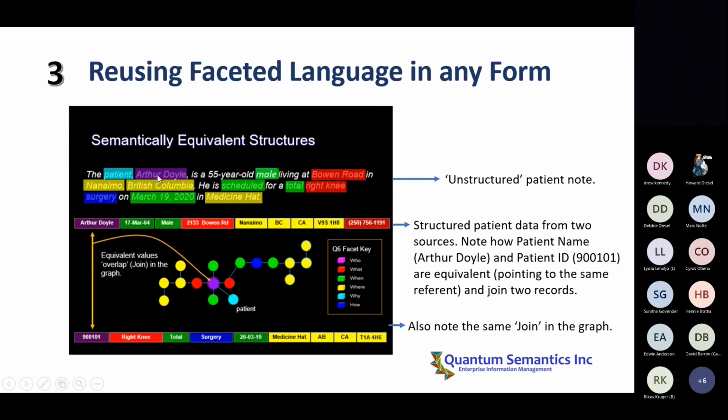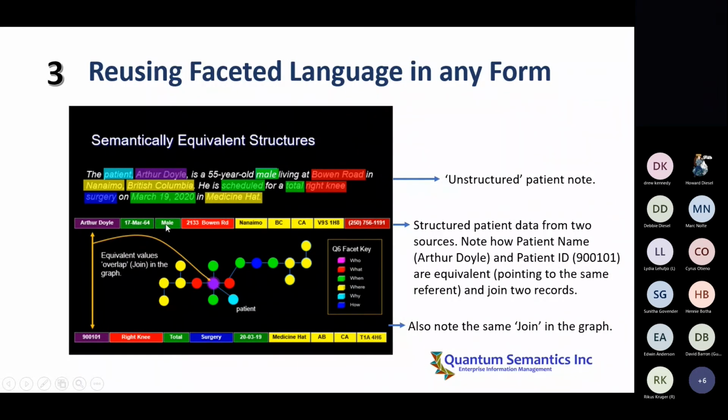But all of these highlighted in these different facet colors can be reflected in the facet colors for a relational record. So Arthur Doyle, he's a 55-year-old male, which is derived from his birth date and today's date. Male, Bowen Road, Nanaimo over here.